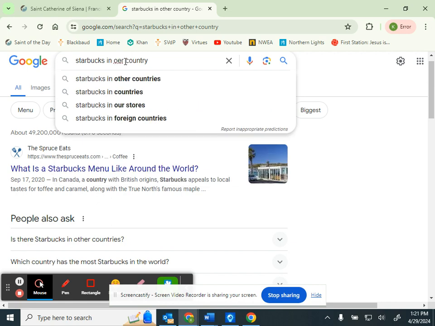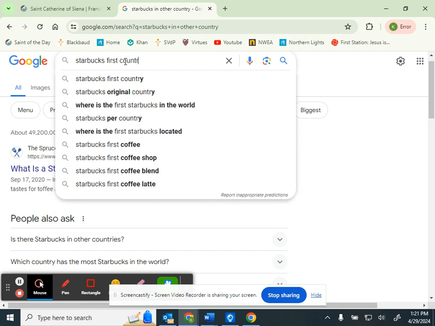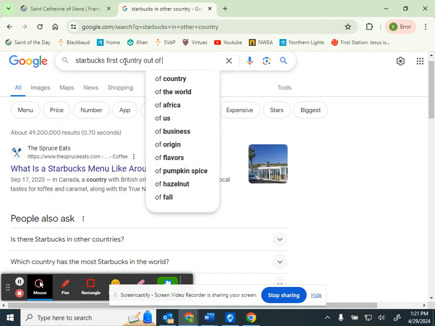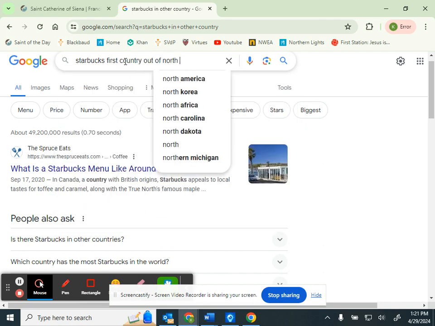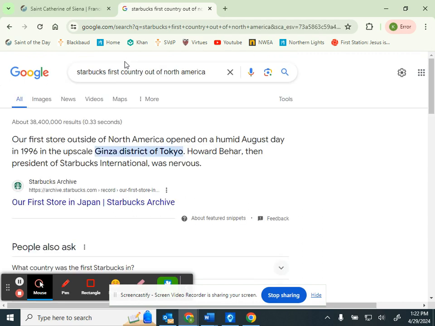So what should I Google? Out of North America. First country out of, she said North America or United States? North Korea. It's North Korea. Tokyo. Which is what country? Japan.